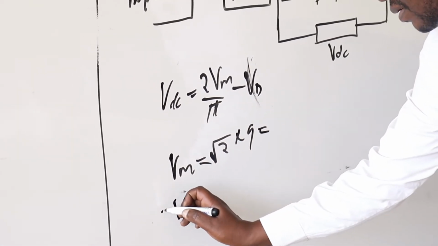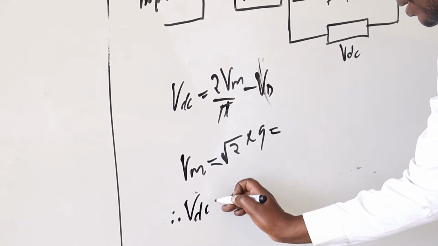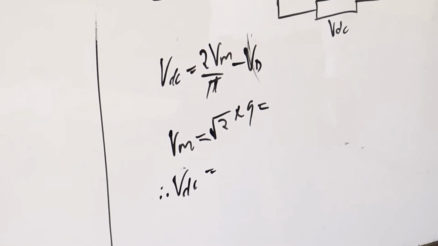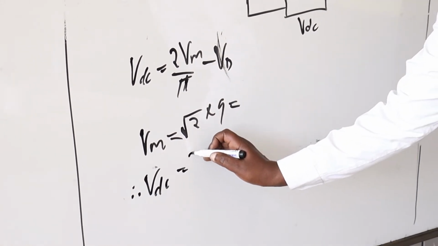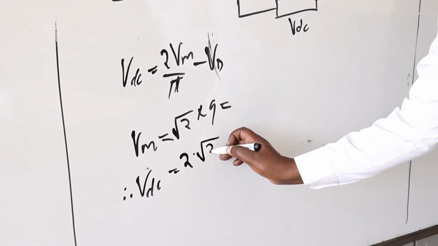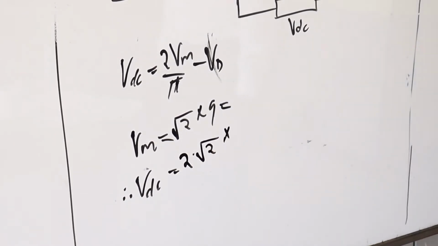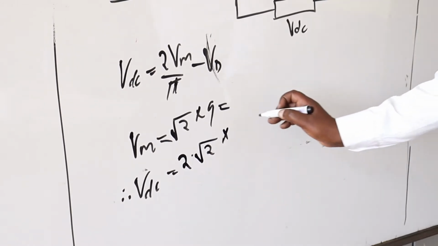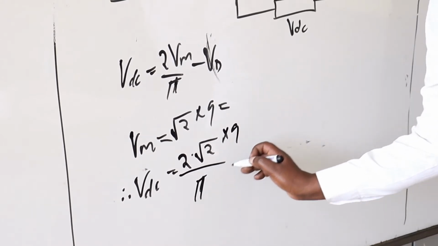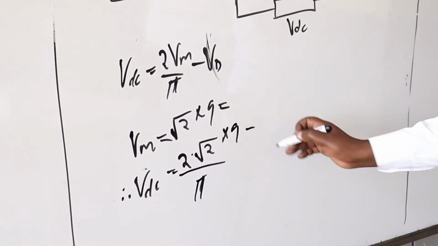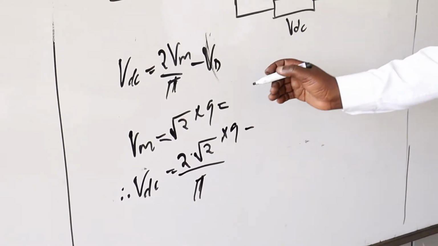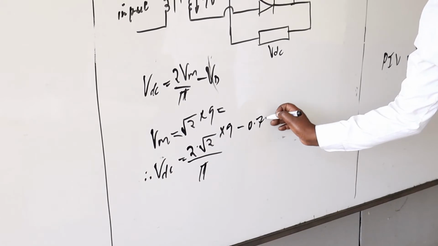So therefore our VDC will be 2 times root 2 times 9 all over pi. We subtract the diode voltage, which we consider silicon, so we subtract 0.7.